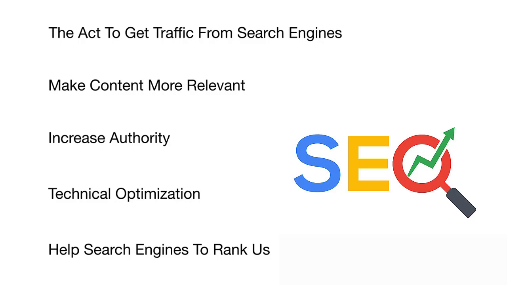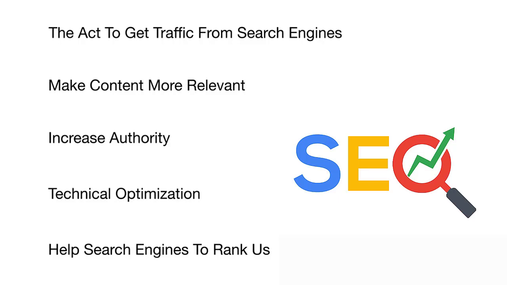So how can we get specific or relevant traffic? If our content is relevant to a certain subject, we can get the traffic for sure. So the most important step for SEO is creating the most relevant content. It's very important.